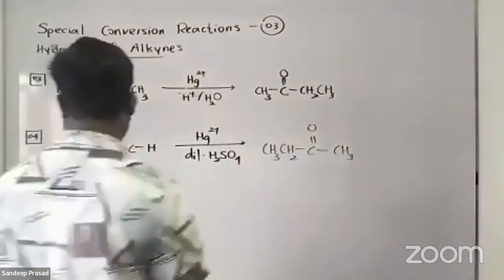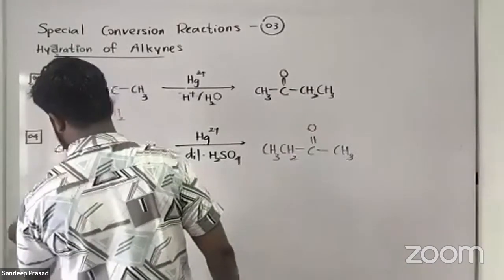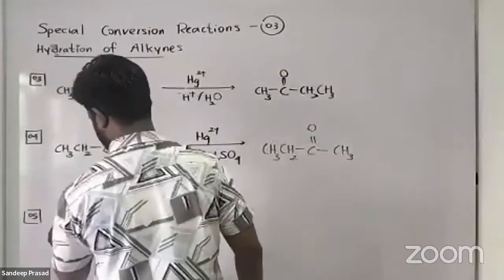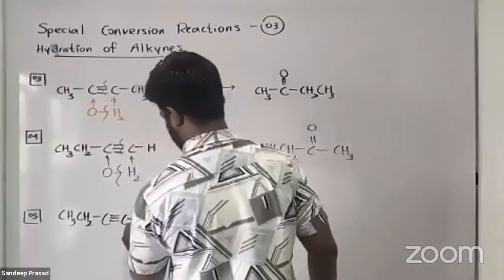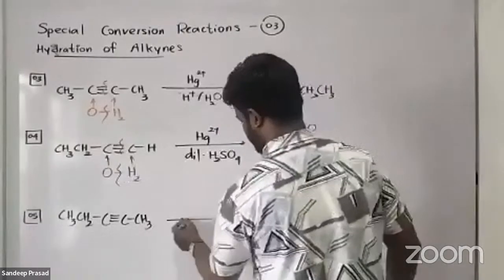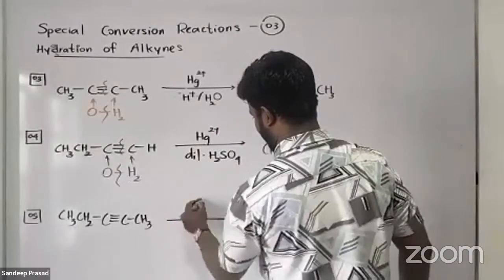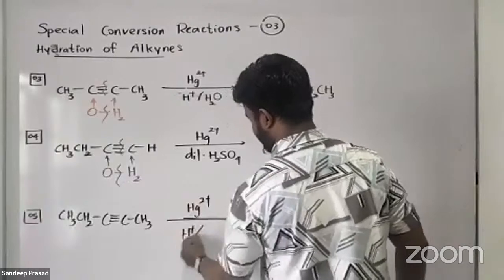And look at this one, number 5. CH3, CH2, CH3, mercuric cation, H plus, H2O.